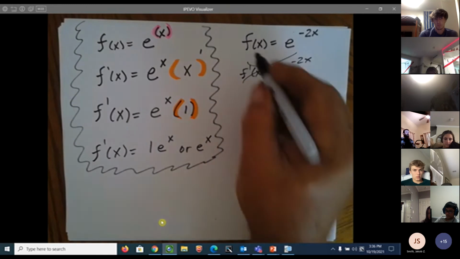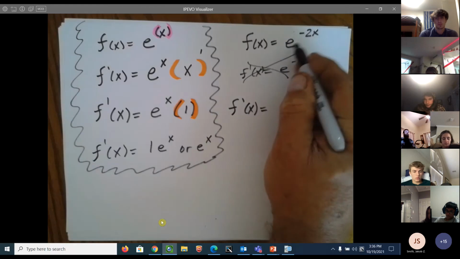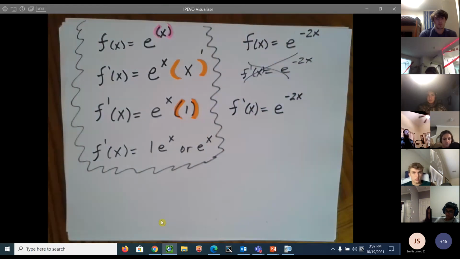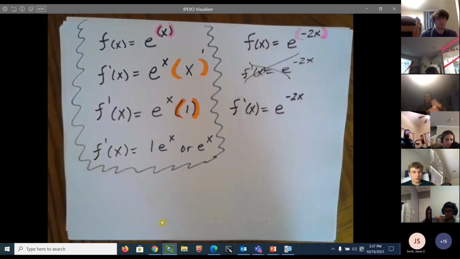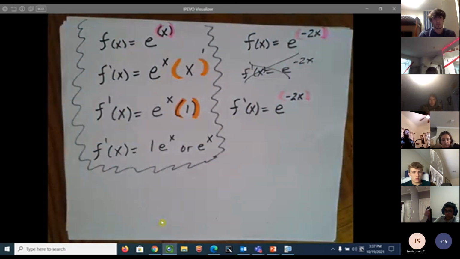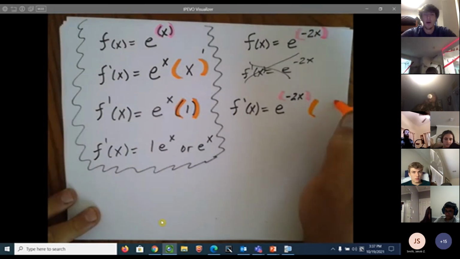So you go f prime of x is equal, you bring this down, e to the negative 2x, and you take your handy dandy pink highlighter and you highlight these parentheses right here that you should have had to begin with. And that means that I've got to take the derivative of what? Negative 2x.